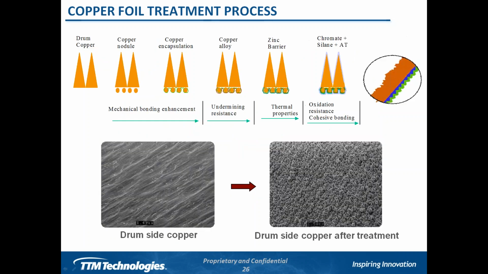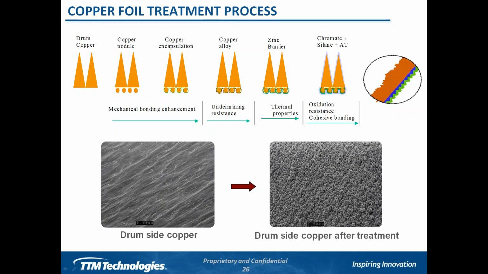And they're going to do the same thing on the drum side. They're going to take that drum side foil, which is very smooth, and treat that as well. Basically, they're going to attach copper nodules to it. They're going to encapsulate it with zincates and chromates and silanes, and they're going to create a rough surface on that drum side as well.